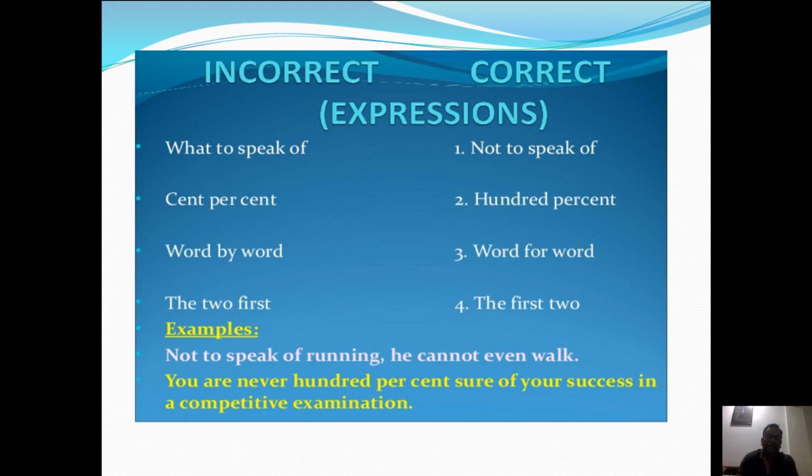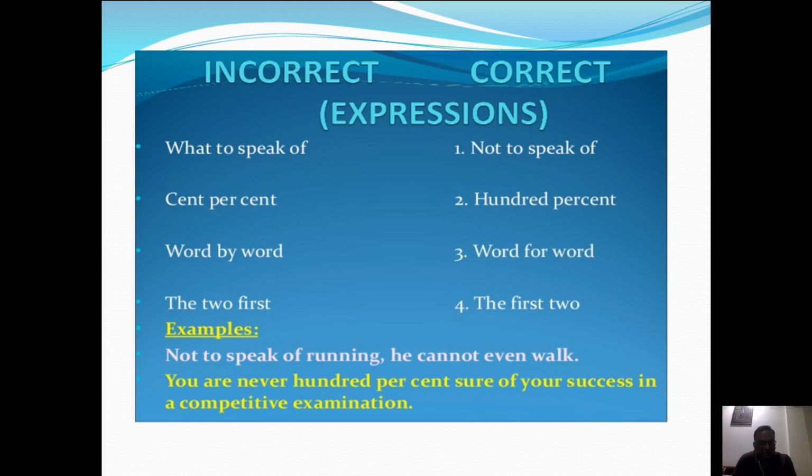Let's check the expressions. What to speak of? Not to speak of. In communication we use these expressions. Cent percent. Don't say 10%, say 100%. Word by word, word for word. The two first is incorrect. The correct one is the first two.